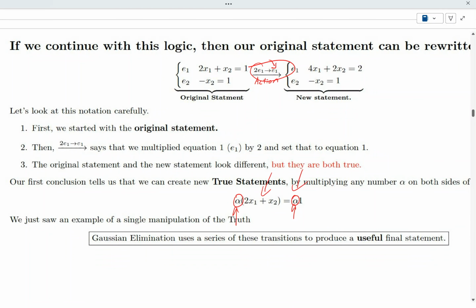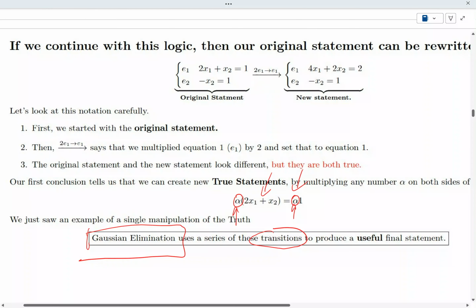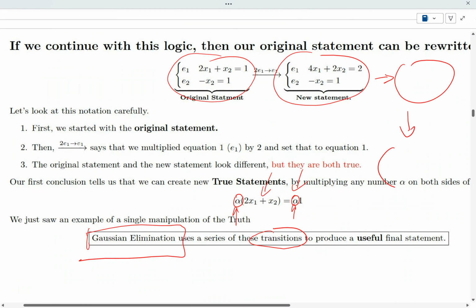And the way you want to think of Gaussian elimination, basically we do a series of these transitions, like we go from one set of statements to another one, to another one, and eventually we reach a final one that allows us to come up with really useful conclusions.